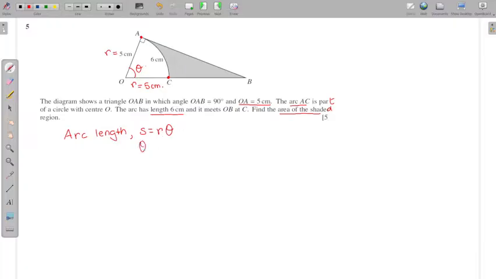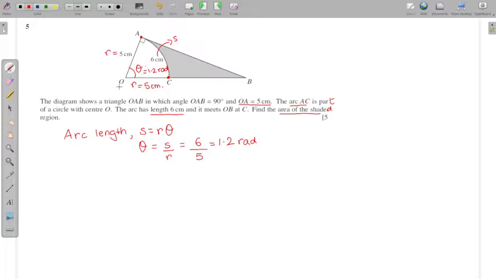So theta will be equal to S over R. S is the arc length and R is the radius. So in this question they have already mentioned that arc length is 6 centimeter. So 6 over 5, so that should come to 1.2 radians. So this angle is now coming to 1.2 radian.